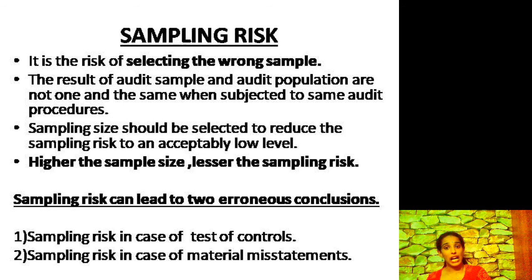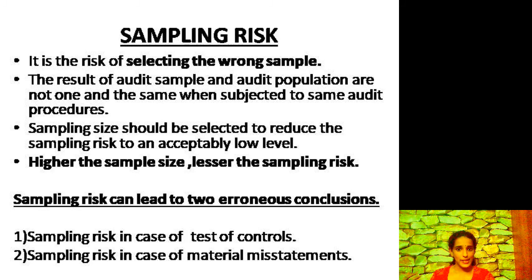Normally, the higher the sample size, the lower the sampling risk, because I'm doing an extensive checking. So when the sample size is higher, your sampling risk will be comparatively less. That's one scenario. Say, for example, I'm selecting 20 transactions. Out of these 20 transactions, I apply some kind of audit procedure and I find that 5 transactions are wrong, or 5 transactions are materially misstated.